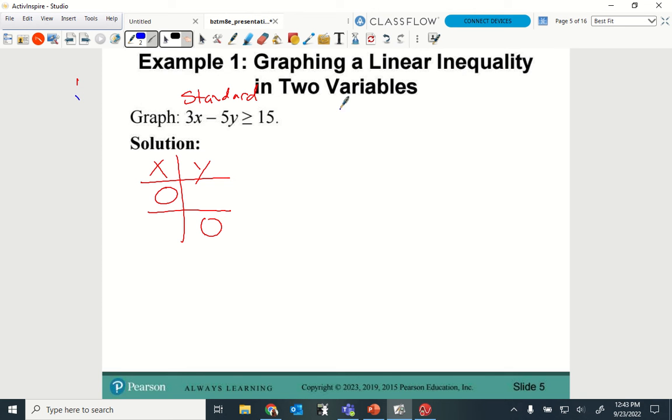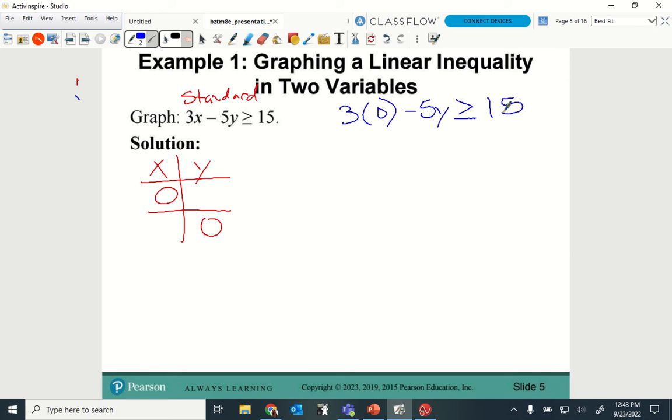Okay. So let's go through and plug this in. So now it's going to be 3, and I'm replacing x with 0, minus 5y is going to be greater than or equal to 15. Okay, good.